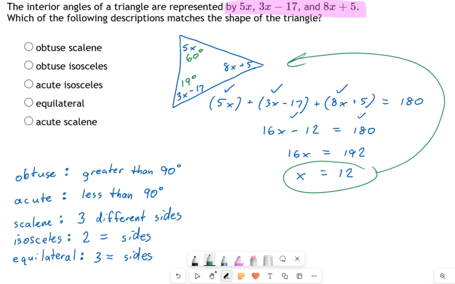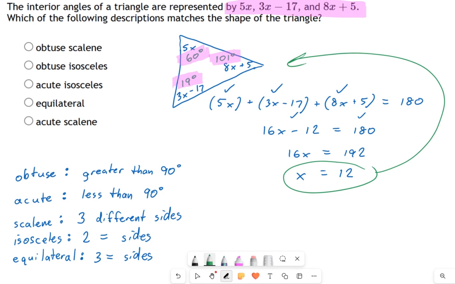And the other one is 8 times 12, that's 96, plus 5, that's 101 degrees. So these are the important things right here, these true angles of the triangle. And that's going to help us figure out which one of these choices down at the bottom is right.